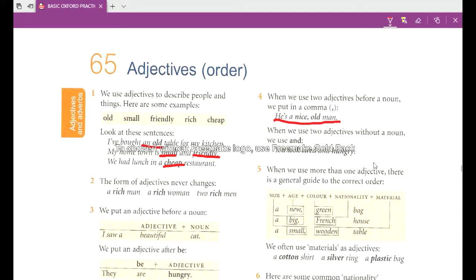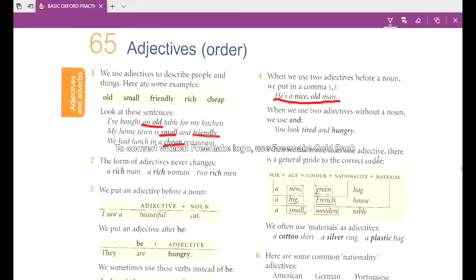But differently, when we use two adjectives without a noun, we can use just and. You look tired and hungry. There is no noun here. Tired is an adjective and hungry is also an adjective, so there is no need for a comma, and is enough.